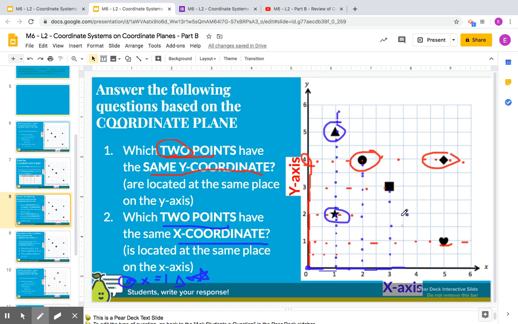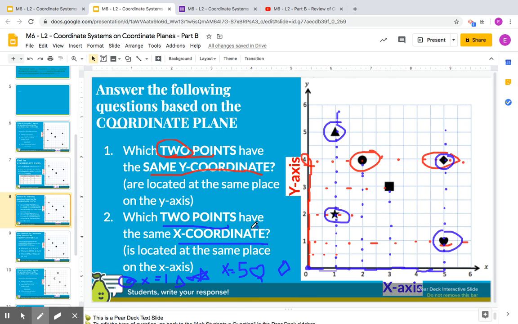Go over to 3.5, no points. Go over to 4, nothing. 4.5, still don't have any points. And x equals 5, I have a heart and a diamond. So I know that at x equals 5, I have a heart and my diamond.